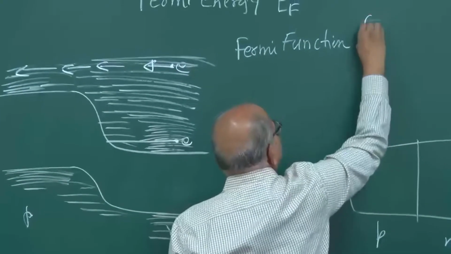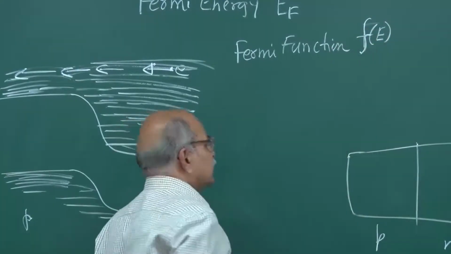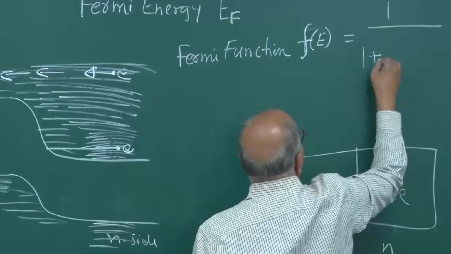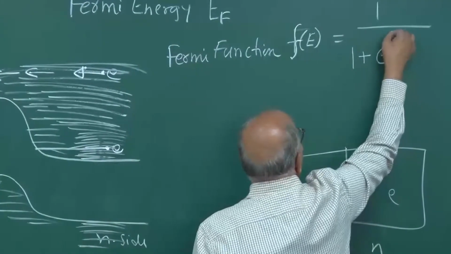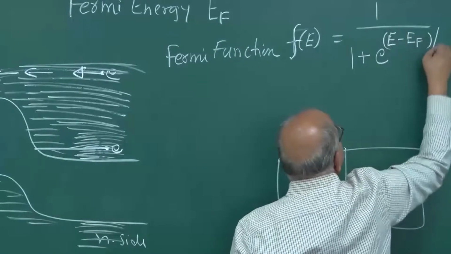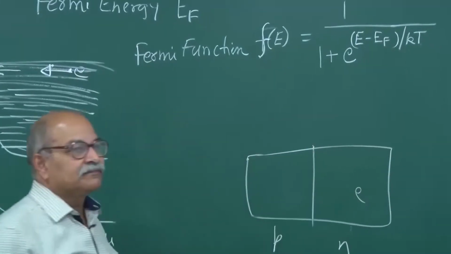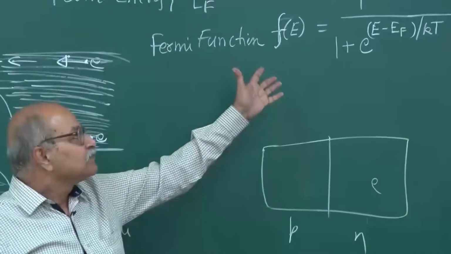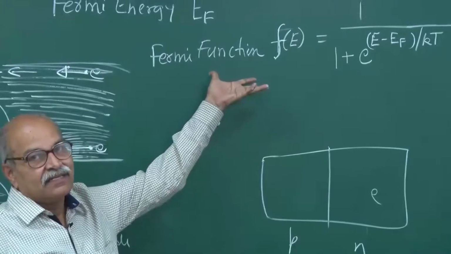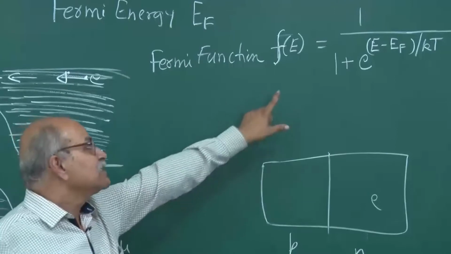Let us call it f, small f, a function of energy, written as 1 over 1 plus e to the power (E minus EF) divided by kT, Boltzmann constant times temperature. This function represents the probability that an electron will occupy a quantum state at this energy.